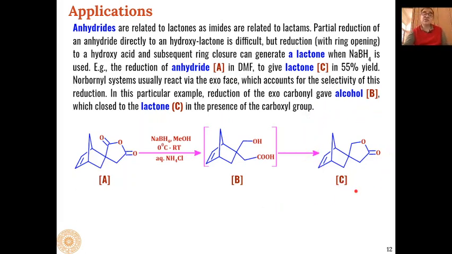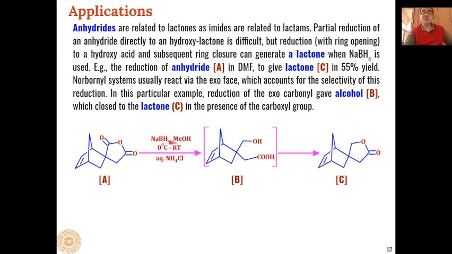Here also the reaction is selective in nature. You can see over here that the compound has an additional carbon-carbon double bond also, and that carbon-carbon double bond is intact in the product, that is, the lactone formed.